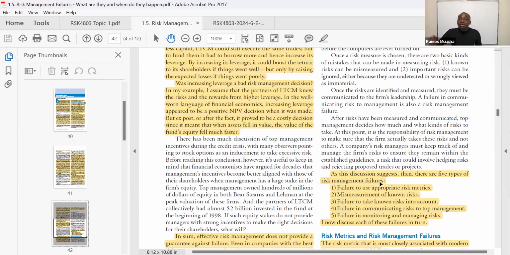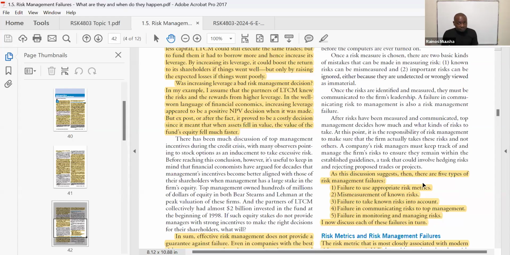And remember, I said going into the exam, they will give you a different case study. Based on that case study, they will ask you to identify and discuss the 5 types of risk management failures pertaining to that case study.